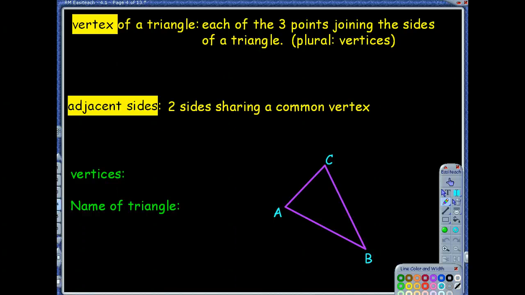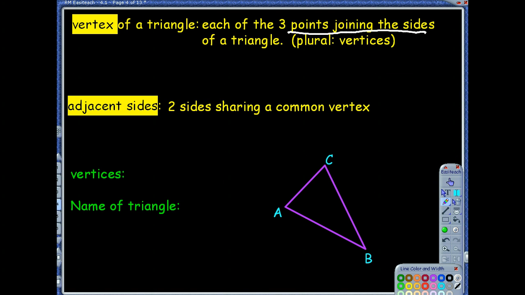Within our triangle, we've got some things that we need to talk about. We need to be aware of this vocabulary. First of all, the vertex of a triangle. It says each of the 3 points joining the sides of a triangle. And technically, there's not just one vertex to a triangle. There are 3 vertices, and that's our plural term for that, vertices. So looking at this picture, we want to talk about the points that are joining the sides of a triangle.